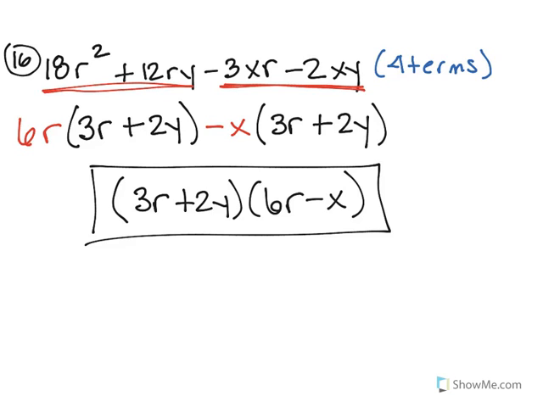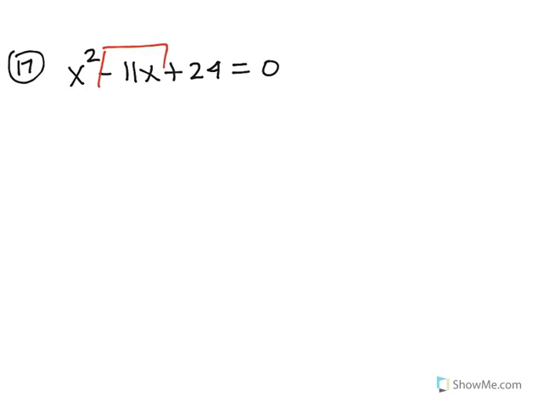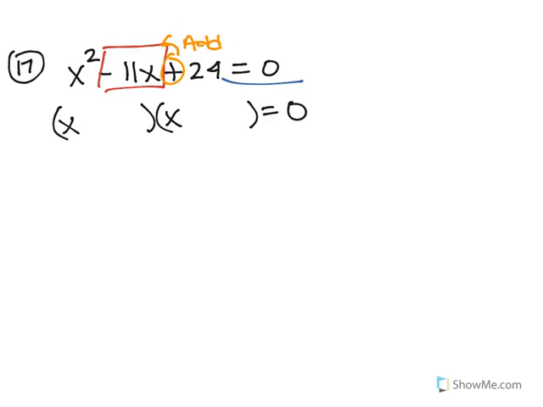Now, the next 4 problems are set equal to 0. So you are to give me the 2 numbers that zero this thing out, okay? So we're going to factor, simple factoring. We are trying to get that negative 11, and we're adding to do so. So we got our 2 parentheses, X and X at the front, and then factors of 24 are 1 and 24, 2 and 12, 3 and 8, and 4 and 6.